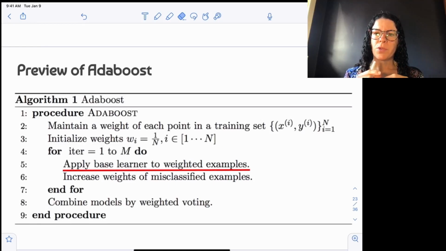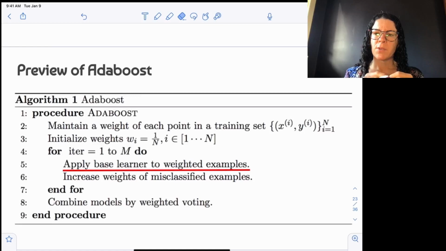So if your tree misclassified a particular example, the next tree is going to give more weight to that example. We fit M trees, and then we combine the models by weighted voting as we did before.